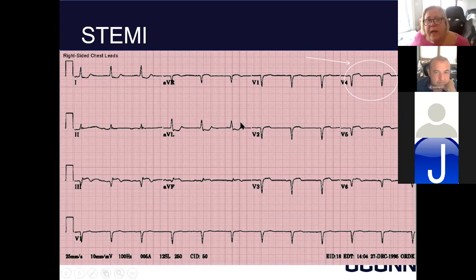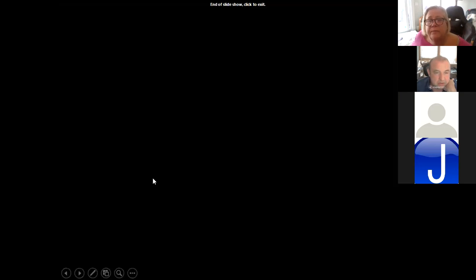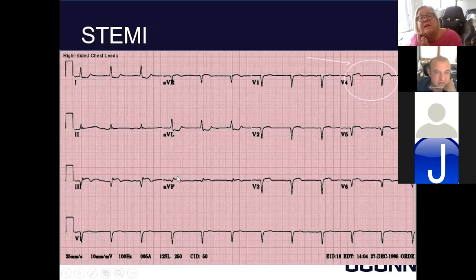So whenever you have an inferior wall infarction, you're also concerned about the right ventricle. Yeah, that may be the combination, because there is ST elevation in 2, the third, and V4.